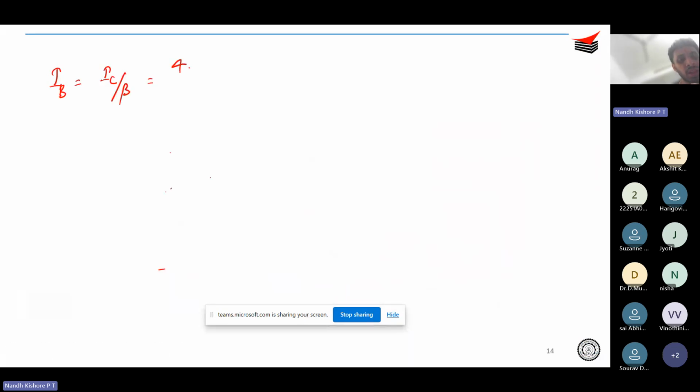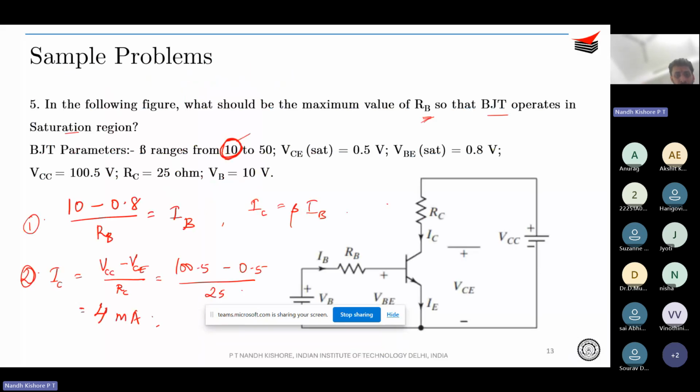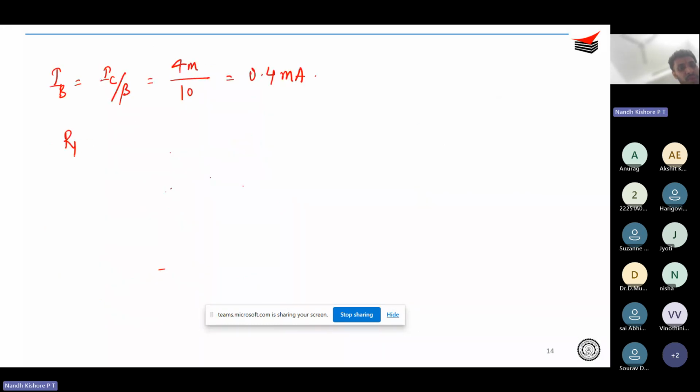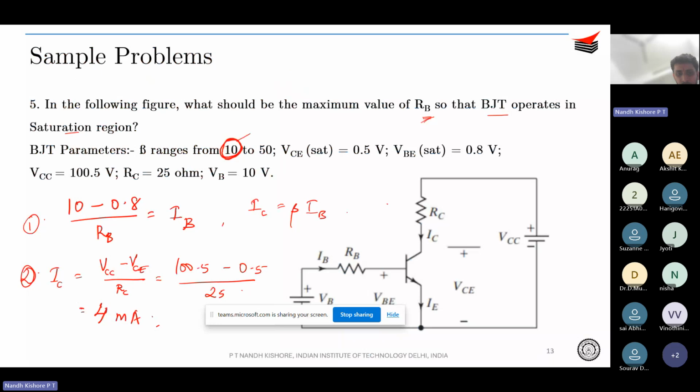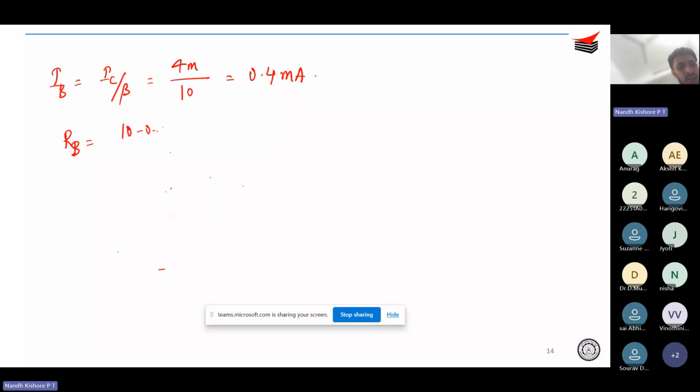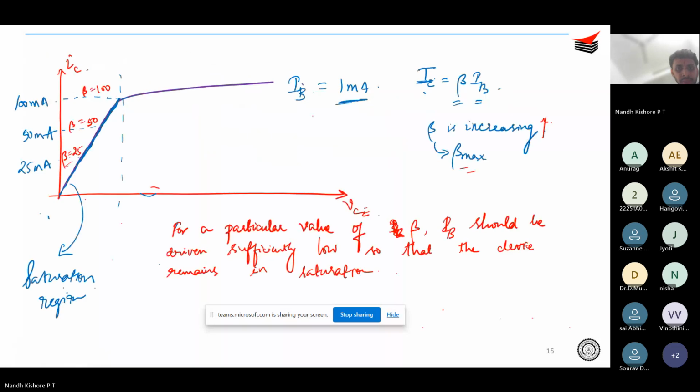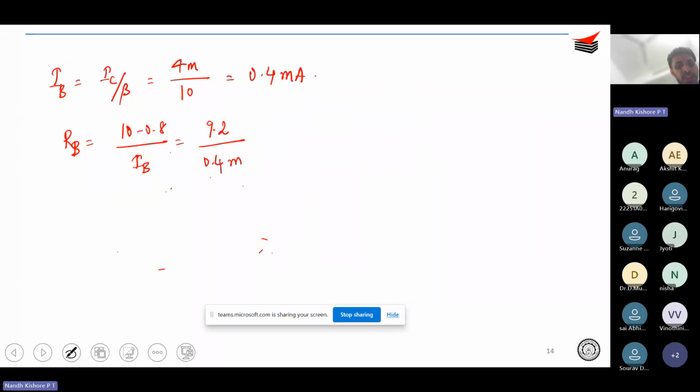IC is 4 milliamps divided by beta, which is 10, so 0.4 milliamps is IB. Once you know IB from the first expression, you can find that RB is equal to 10 minus 0.8 by IB, that is 9.2 divided by 0.4 milli.